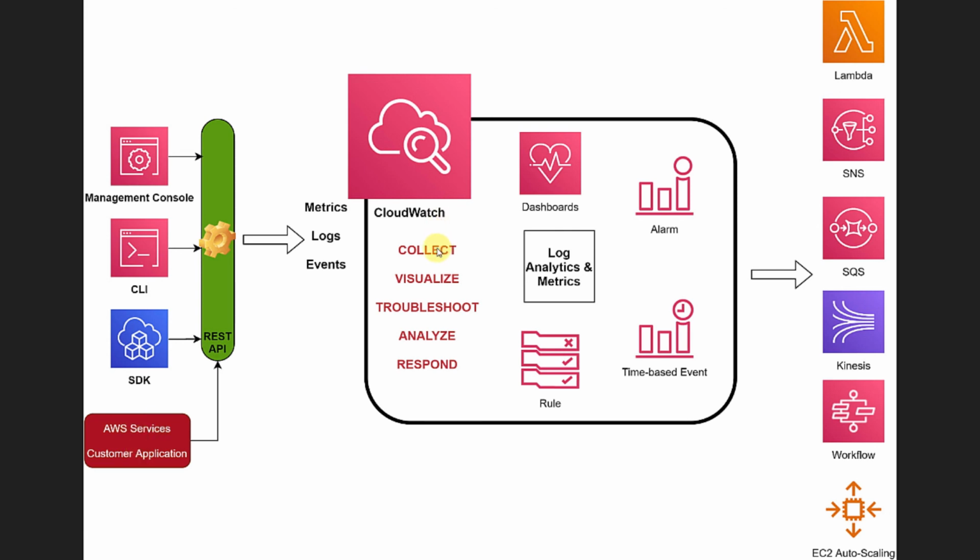It enables these capabilities to collect data, visualize the data, troubleshoot your workload, analyze the data, and respond to situations and issues. The major artifacts in CloudWatch are dashboards, alarms, scheduled events, rules, log analytics and metrics, and CloudWatch interacts with these services to facilitate automated handling.